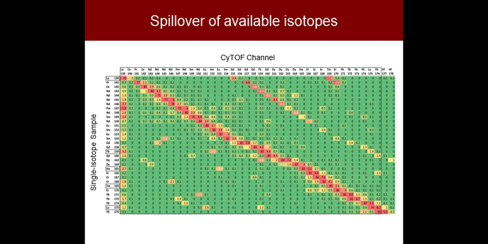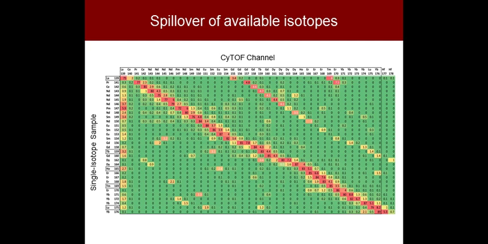So for some of these lower atomic mass elements, you want to look at that plus 16 channel and think about what you're going to put there in terms of a specificity, because you will see a certain amount of spillover. Now, having said all that, none of these spillovers have ever driven us to the point where we've wanted to apply a compensation matrix to our data.